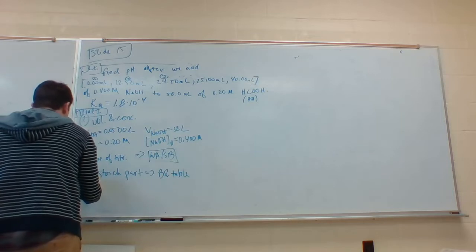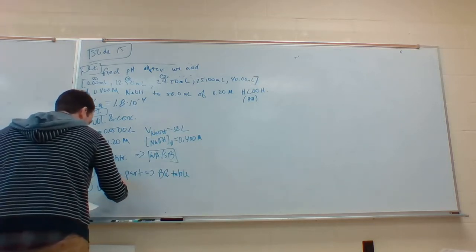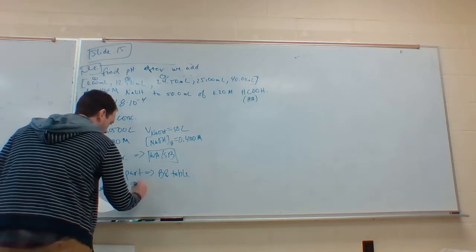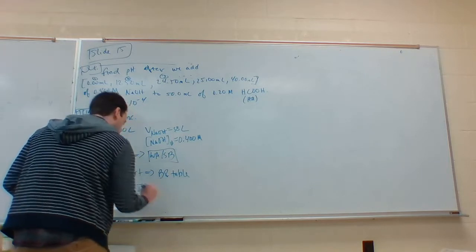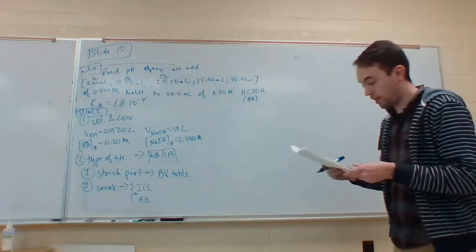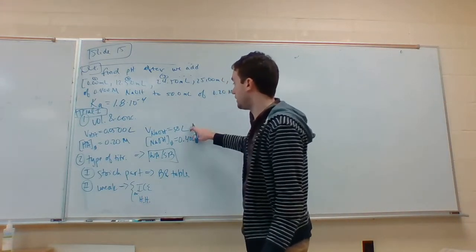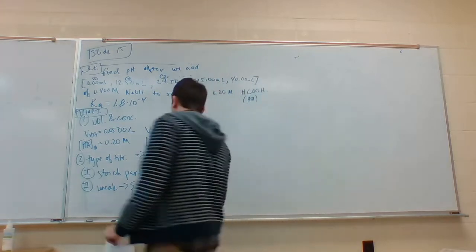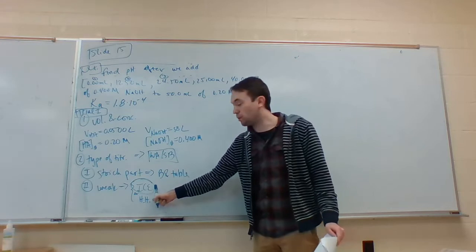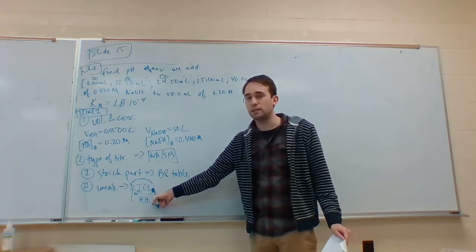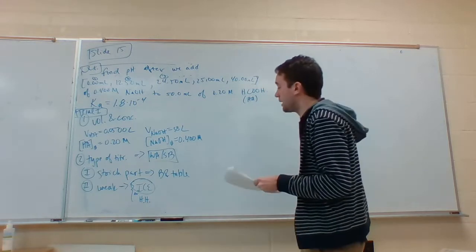And step 2, since it's weak, is either going to be an ICE table or the Henderson-Hasselbalch equation. Now, since we don't have any base that was added, we're going to be using the ICE table, because we don't have all of the information here to use the Henderson-Hasselbalch equation. And you'll see why in a second.